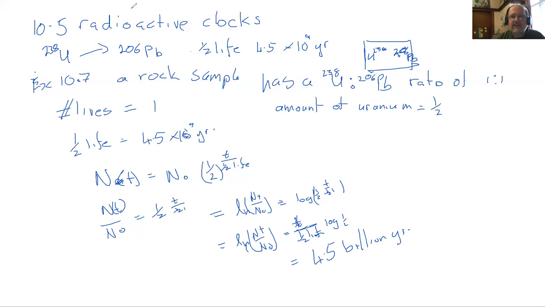So I'm going to clear all of that. One of the most common ones that we use is carbon dating. In fact, at the University of Waikato, we have a carbon dating laboratory where we can actually do carbon dating. And what we do is we measure the amount of carbon-14, because what we're actually measuring is the ratio of carbon-14 to carbon-12.